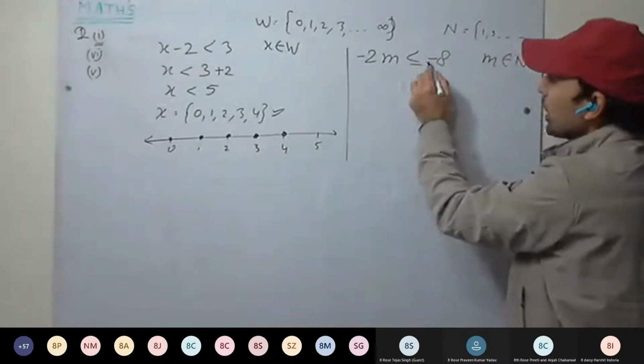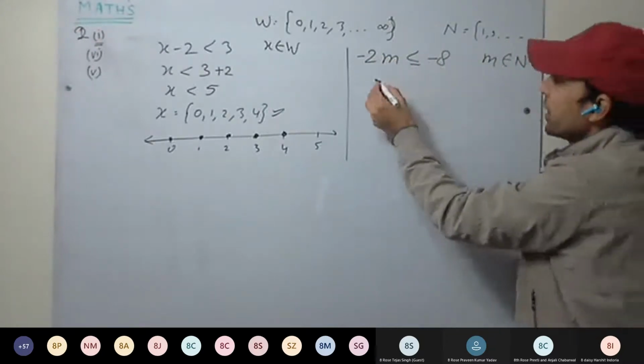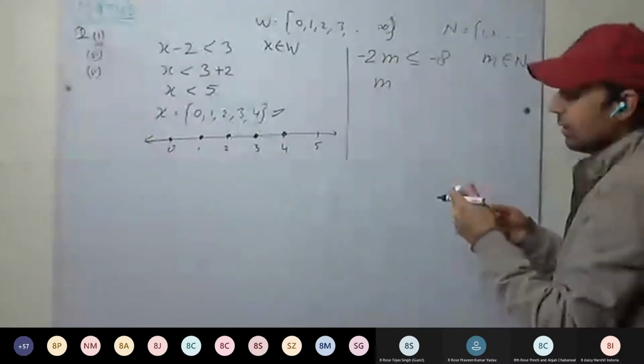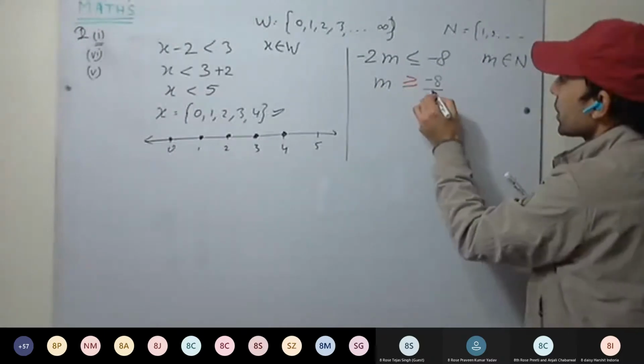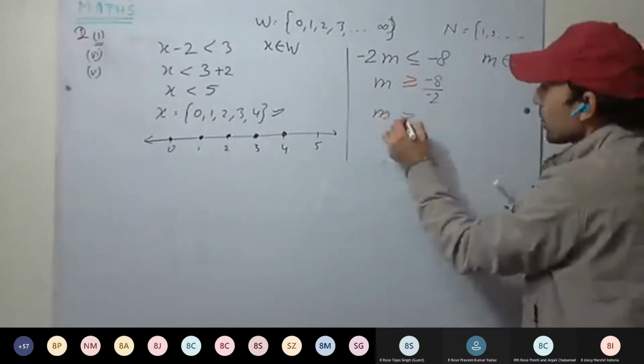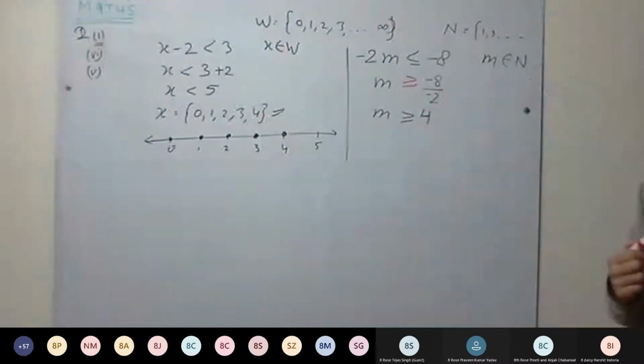So see here, minus 2m less than or equal to minus 8. Divide by minus 2 on both sides, and the sign will change. Minus 8 divided by minus 2: m greater than or equal to 4. Understood?